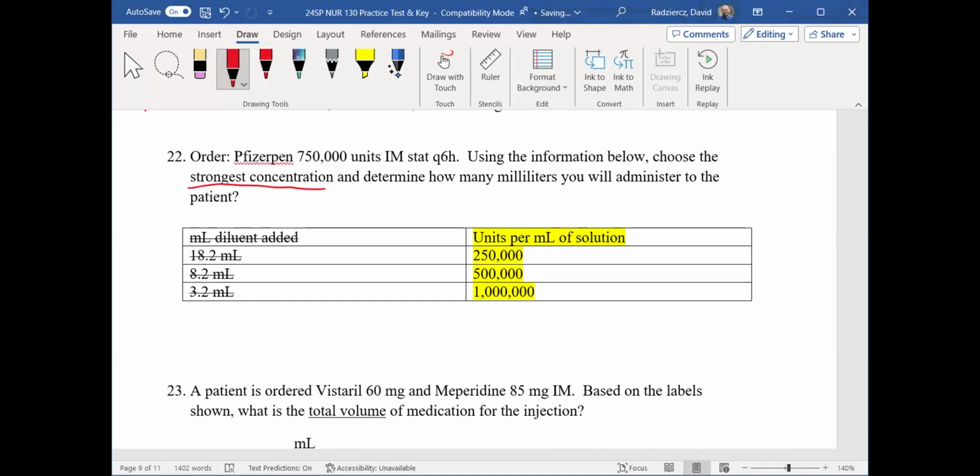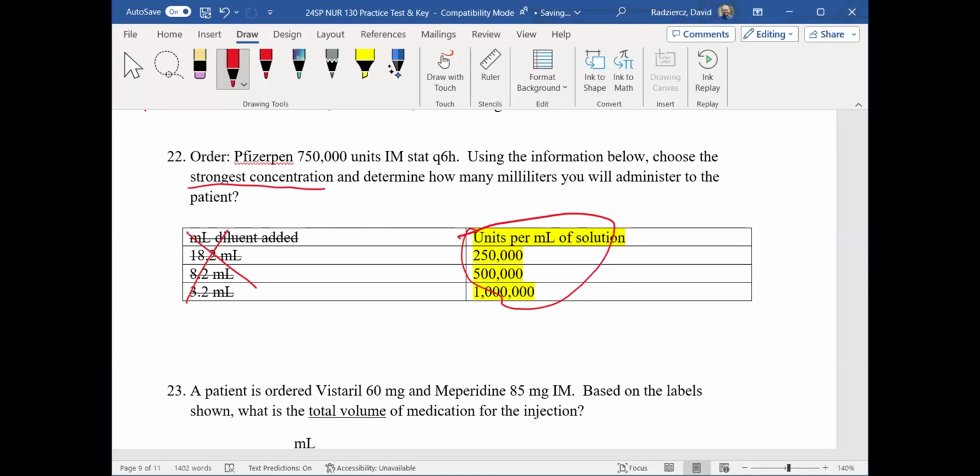So on some of these labels, you're going to see extraneous information. It's going to tell you how much water the pharmacy added to the solution to get to the units per milliliter solution. So that's why this is all crossed out, because you don't care about this. That just tells you how much water was added to get to what you do care about, which is the units per milliliter solution.